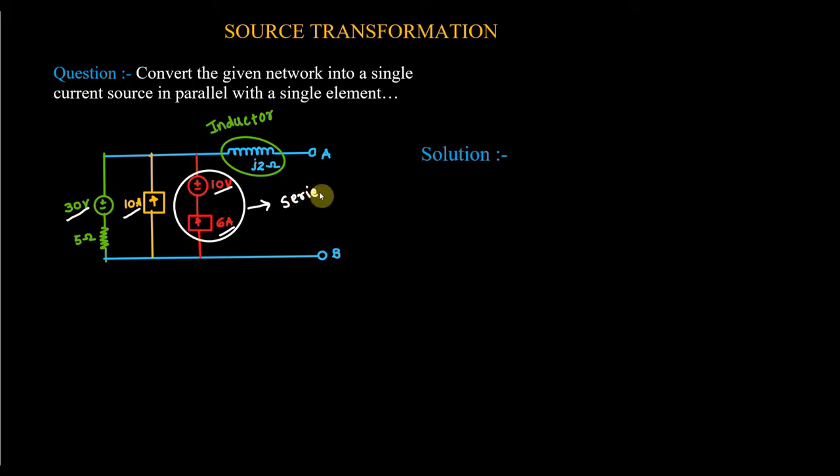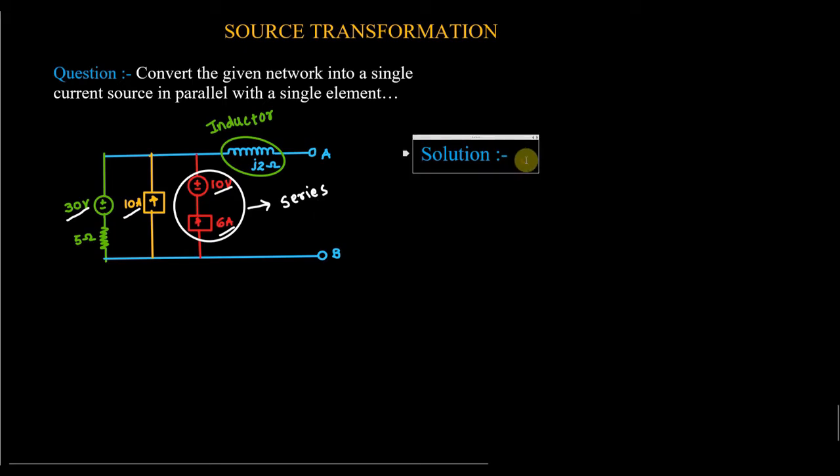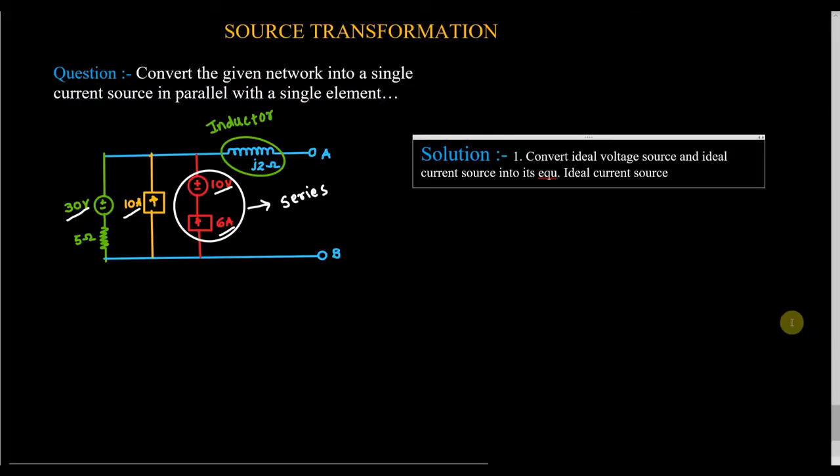So we first simplify this, because we know the rule: when an ideal voltage source and an ideal current source are connected in series, the equivalent will be the ideal current source.